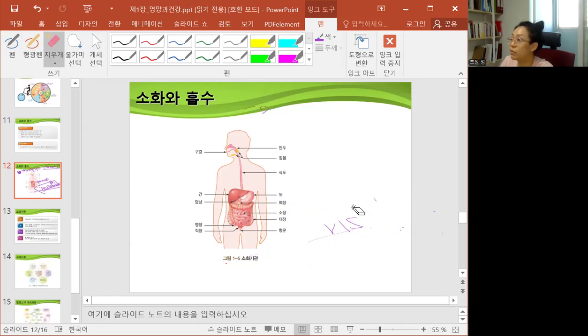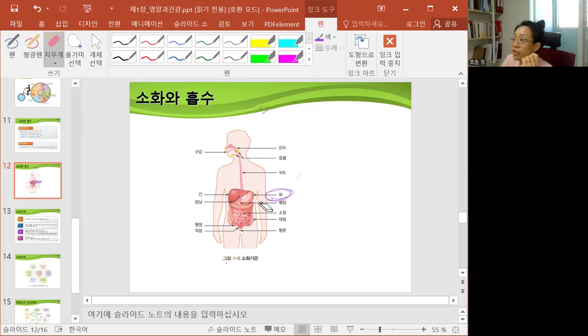Where is the stomach? Look at the picture. Food arrives in the stomach, which is a muscular J shape.